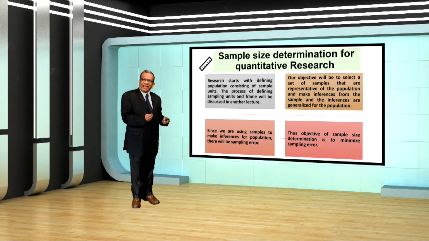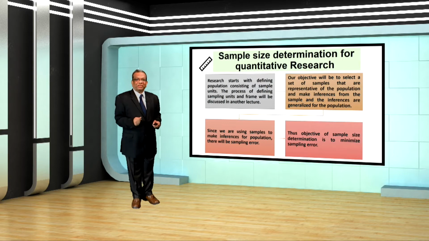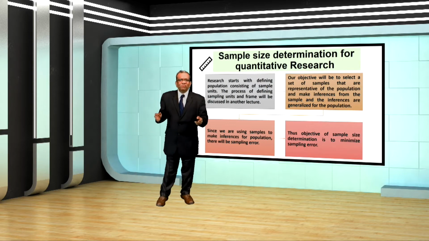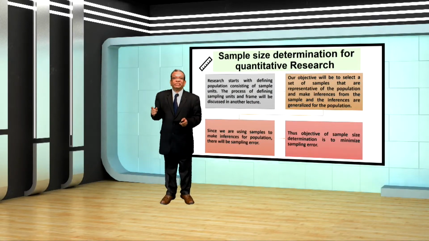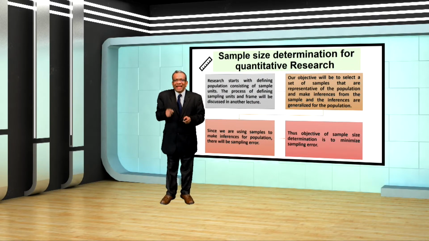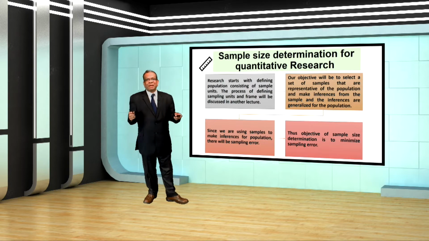Therefore, we will be taking a small sample out of the population, studying its characteristics and generalizing for the population. Since we are using samples to make inferences for the population, there will be sampling error. Thus, the objective of sample size determination is to minimize sampling error.